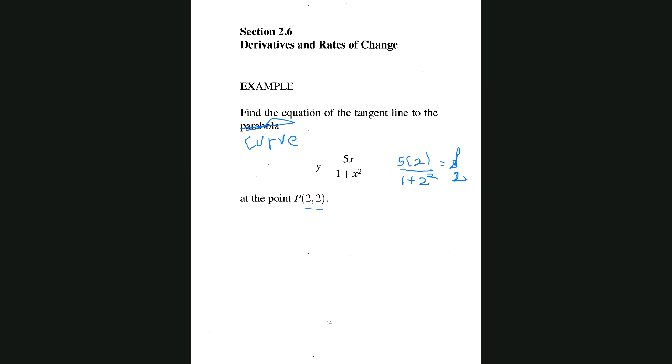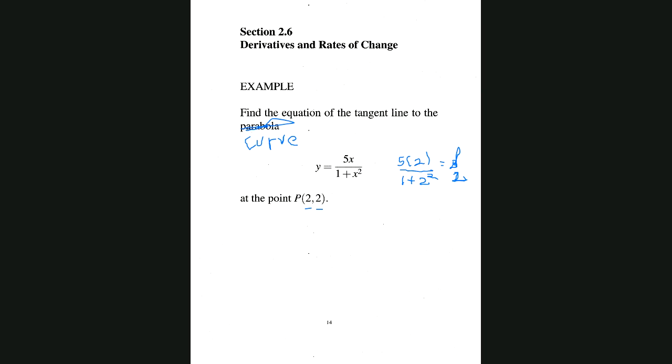So that point is on this curve, and we could draw a tangent line to the point (2, 2) on the curve. That's the equation they want. They want the equation of that tangent line. For any line, what do we need to find? For any line, what's necessary to find? The slope. Good.